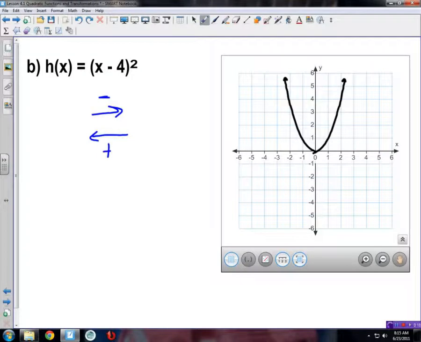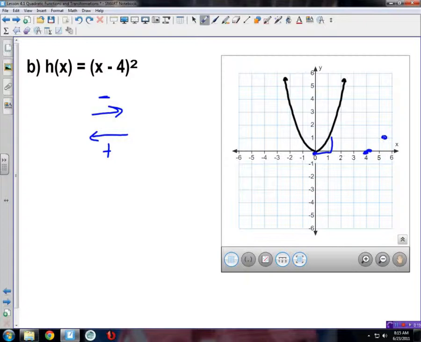Here we have -4, which means we're going to go to the right 4. So from my vertex here, I'm going to go over 1, 2, 3, 4. That's my new vertex. And then we do the exact same thing. So if I go over 1, up 1 on my parent function, I'm going to go over 1, up 1 on this one.